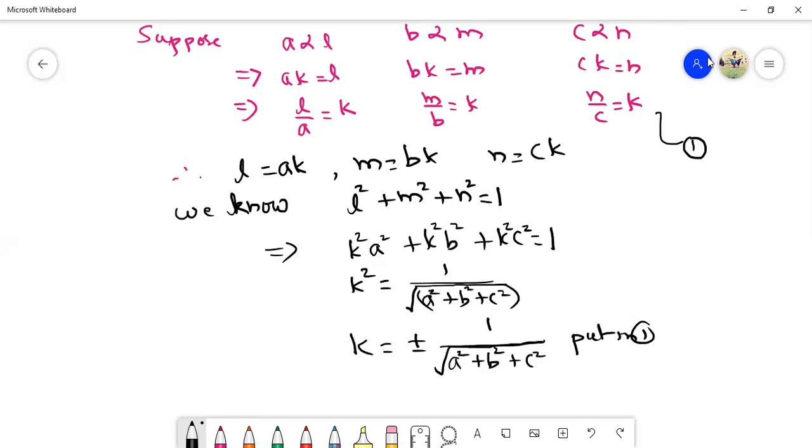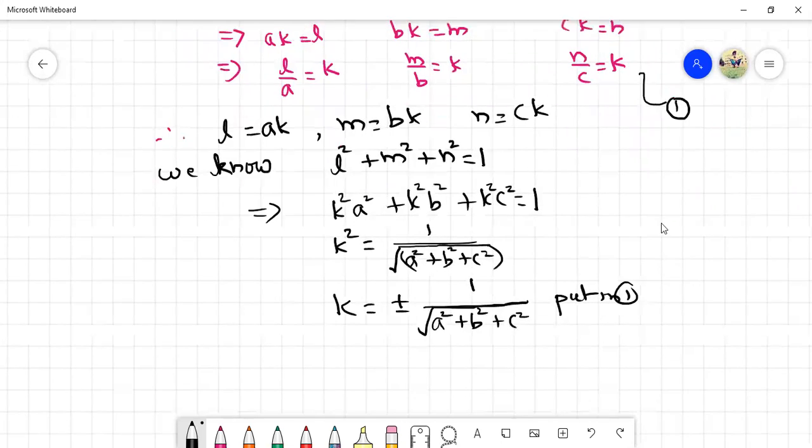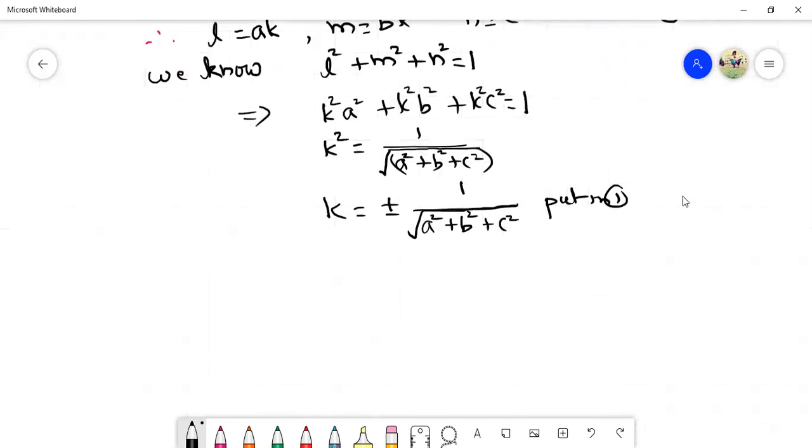So substitute these values in A, B, C. So we get the relation between direction ratios and direction cosines.